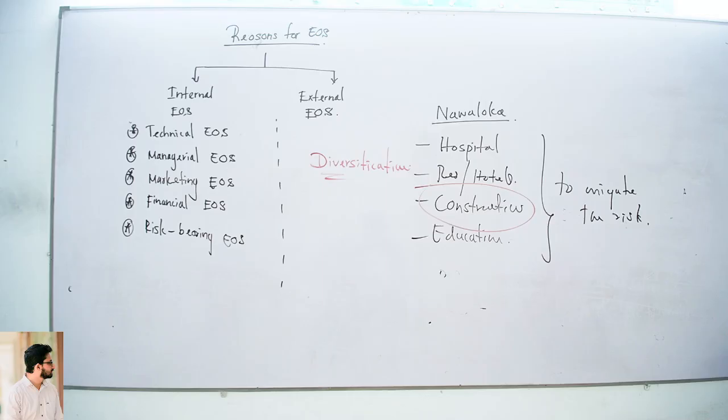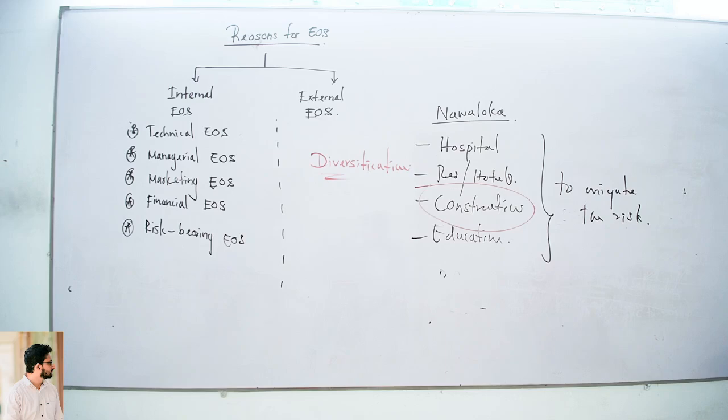One more example, another business or group of businesses. John Keells, very good. Wonderful. The main one, apart from Navaloka, is the John Keells group.